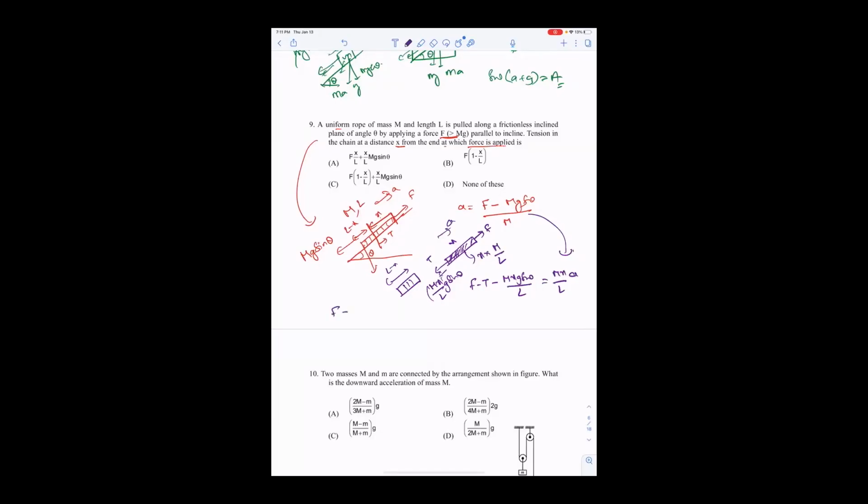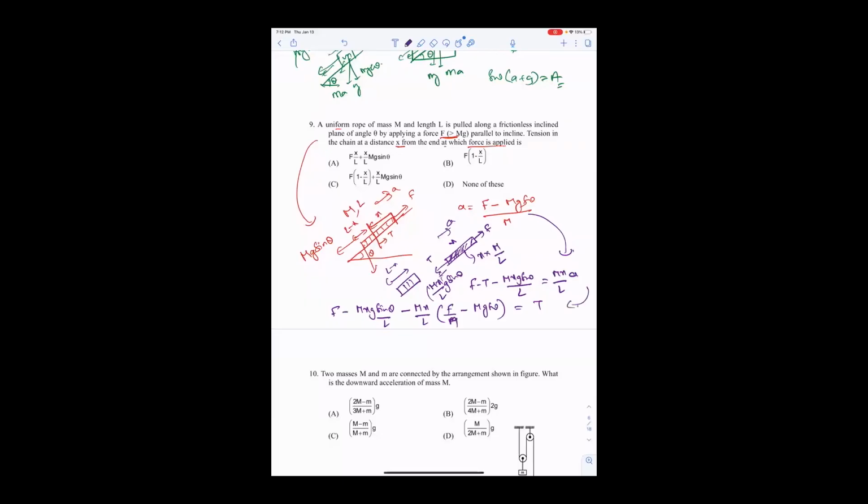So F minus mxg sine theta by L, this A comes this side, so minus mx by L into acceleration, which is how much? F by m minus g sine theta, is equal to tension. T goes to the right side, this comes to the left side.